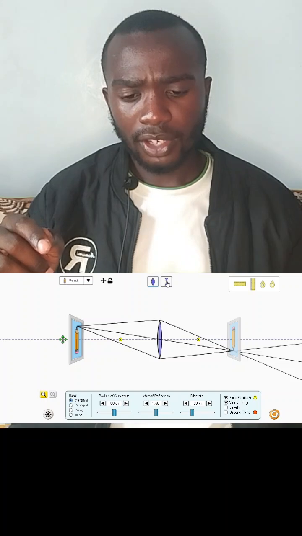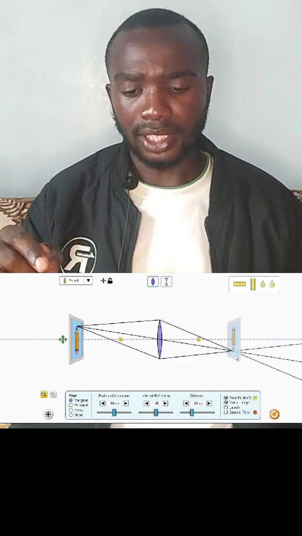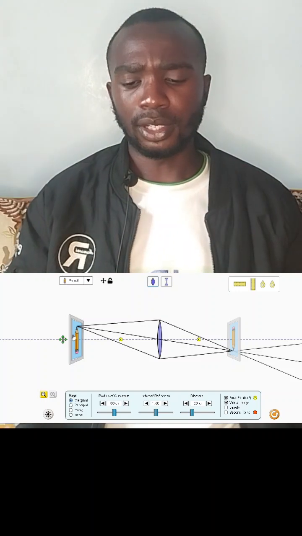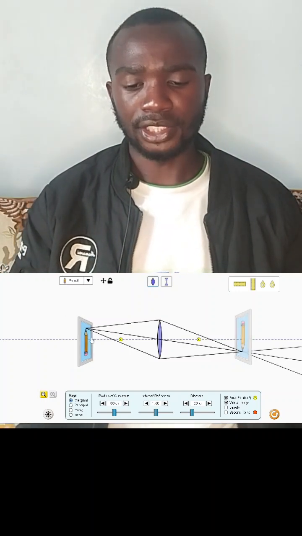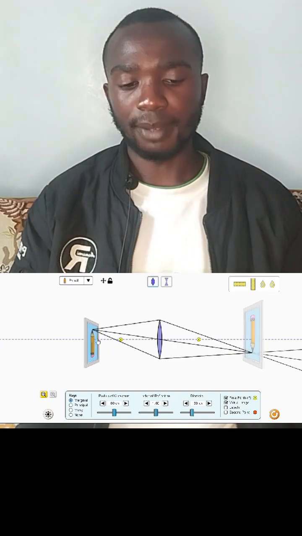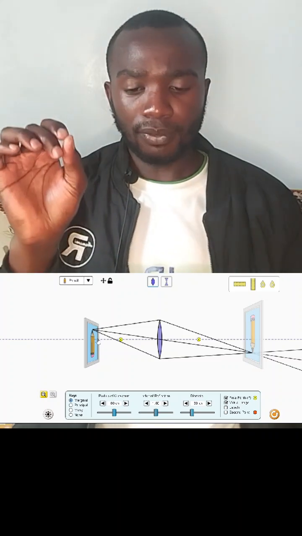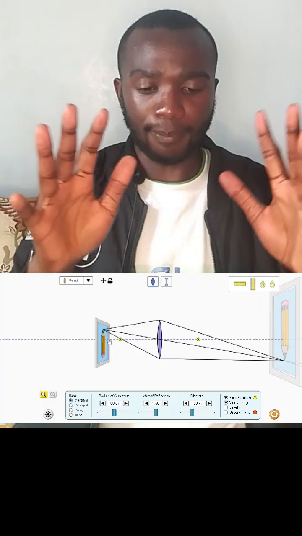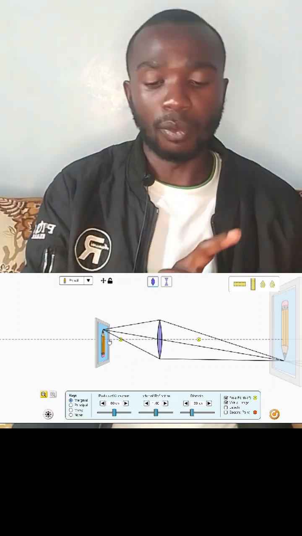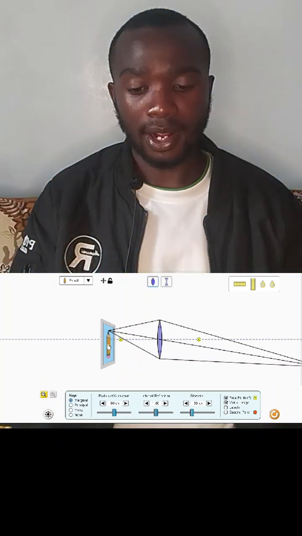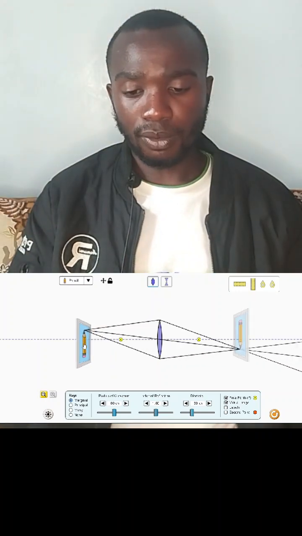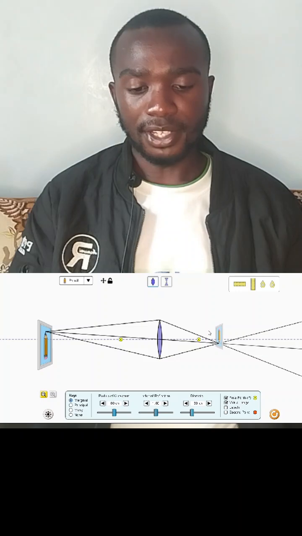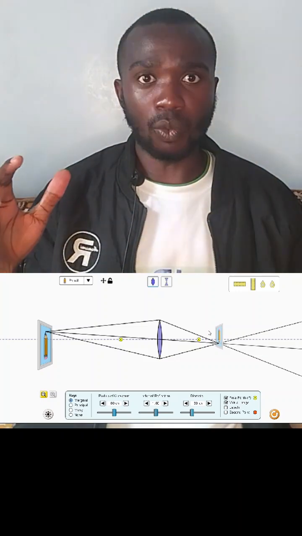Now, when you come to the object and the image position, tuangalie kwamba tukimove hii pencil, the object karibu na lens yetu, what happens to the image? So tukimove the object closer to the lens, the image becomes bigger and it moves away from the lens, inakuja inakuwa kubwa ukisongeza. Na ukimove it away from the lens, the image of the object inakuja inakuwa smaller.